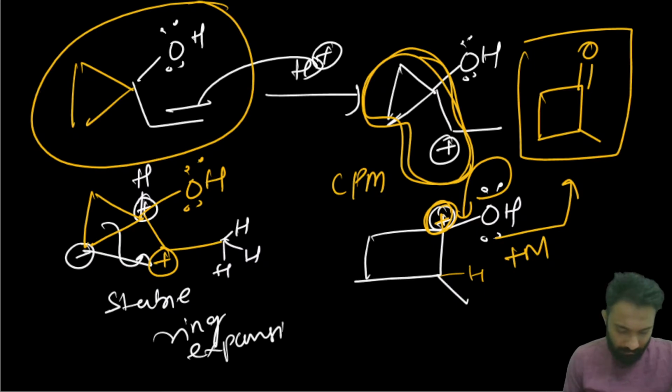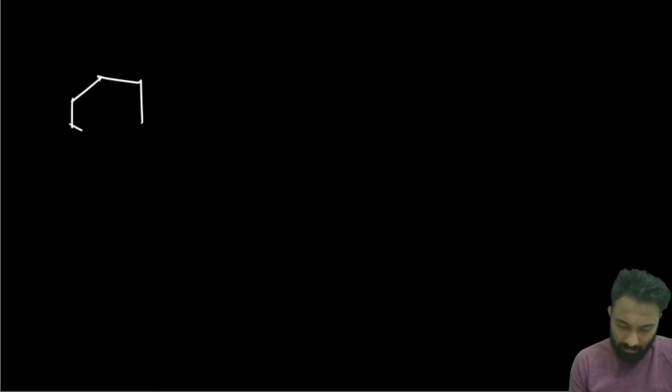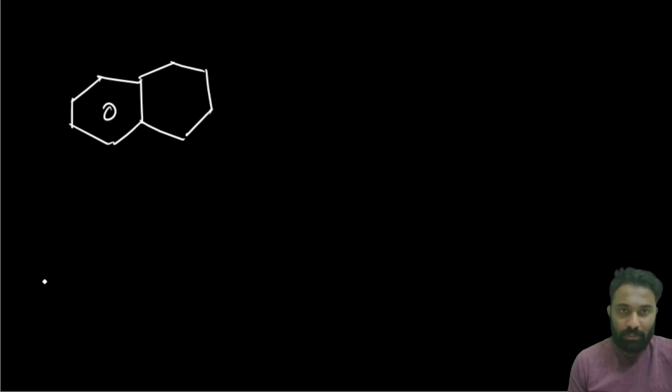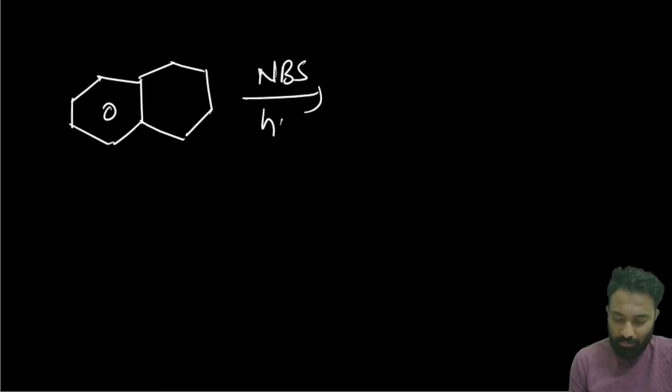Now we have studied the alkenes, right? Now one conversion question I will give you. Try to tell me the answer. This one they have given in the presence of NBS, H nu.